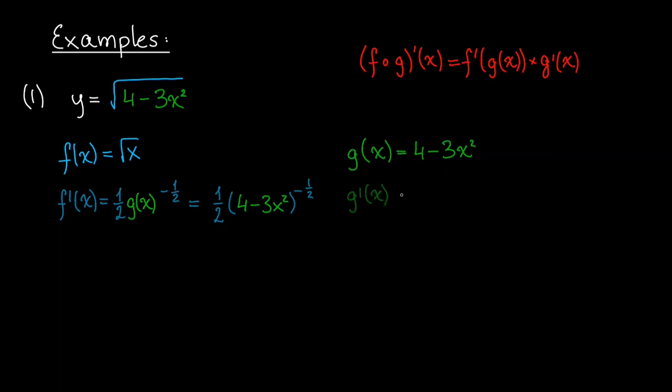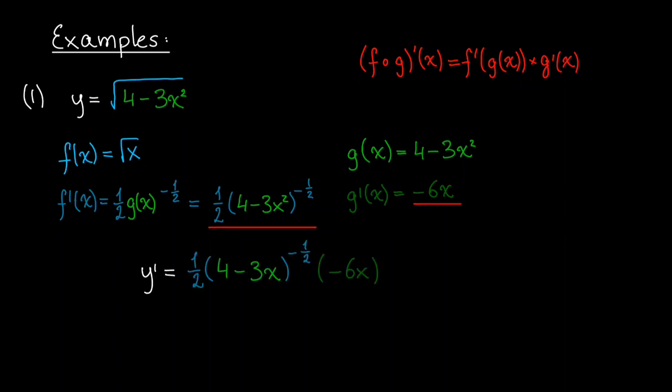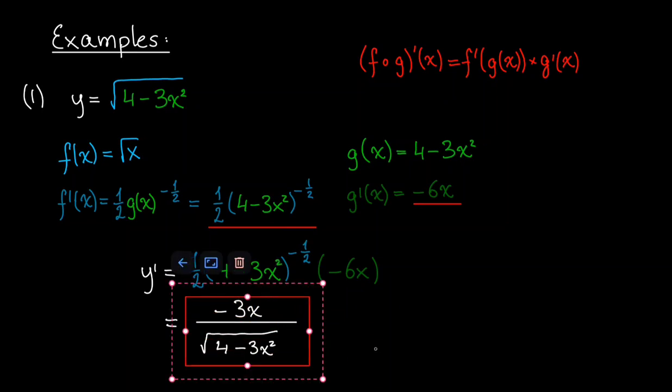Here, g's derivative would simply be negative 6x. And lastly, all we have to do is multiply these two expressions with each other. And of course, after some simplification, all we have left is negative 3x divided by the square root of 4 minus 3x squared. And this here would be the final answer to our derivative.